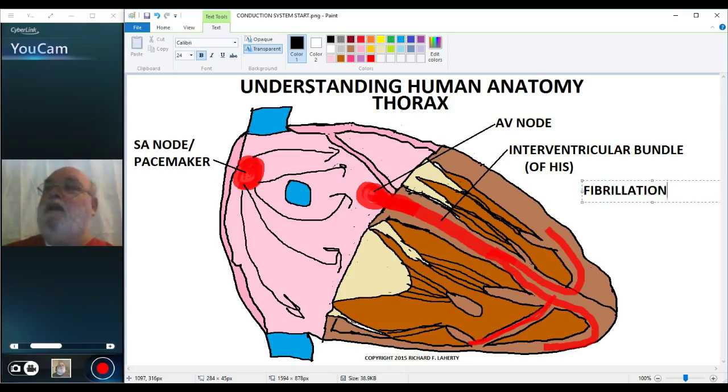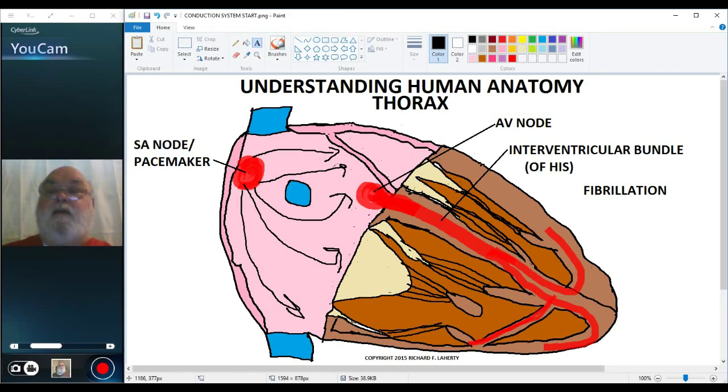It's just kind of wiggling there. It's not pumping blood. It's every little muscle cell is beating at its own rate. Nothing is coordinated. And an infarct of the interventricular septum in the area of the interventricular bundle is most likely to cause sudden death from a heart attack.